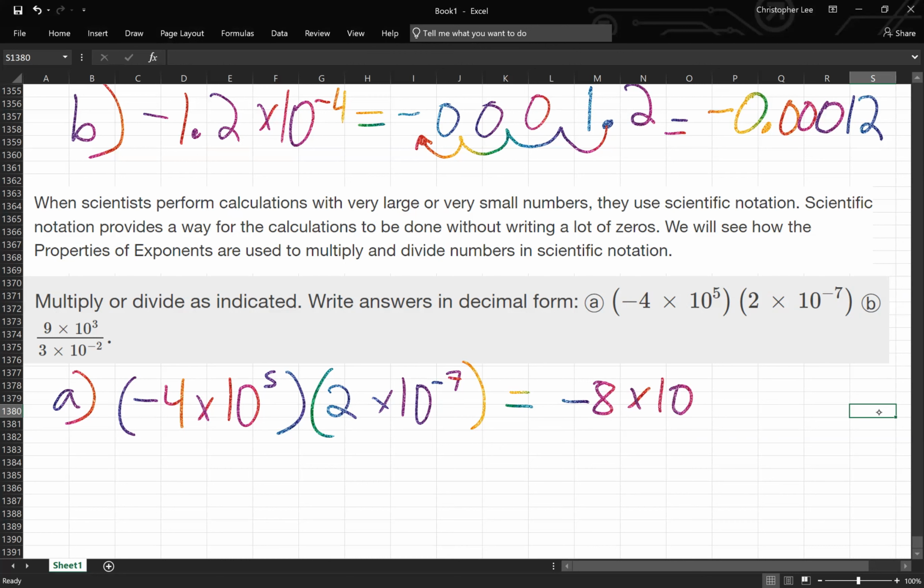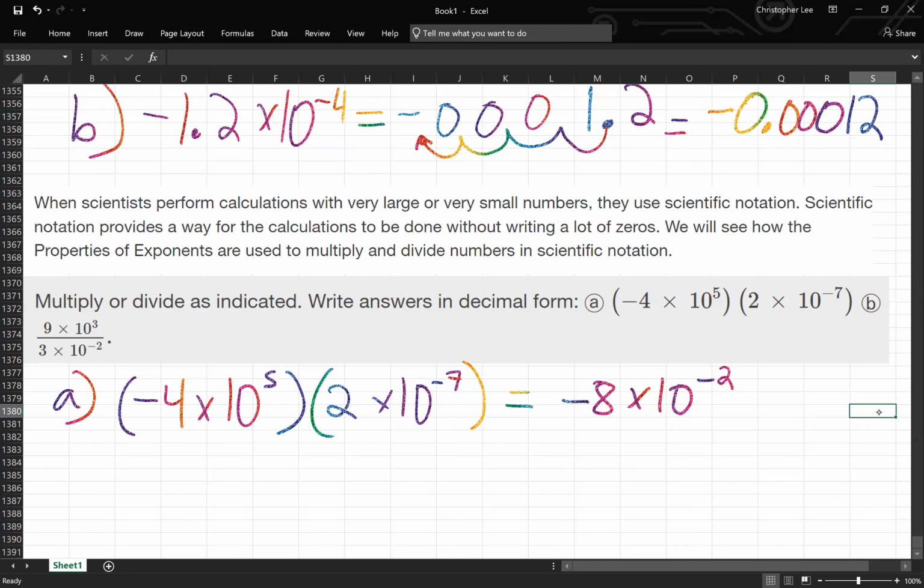Times 10 raised to what power? Negative 2, now we're talking. The same exponent rules: when we multiply, we add the powers. So 5 plus negative 7 is negative 2.